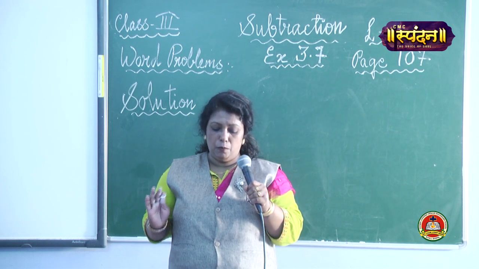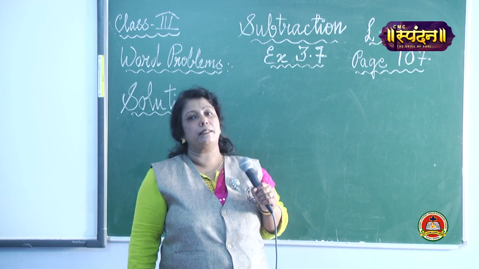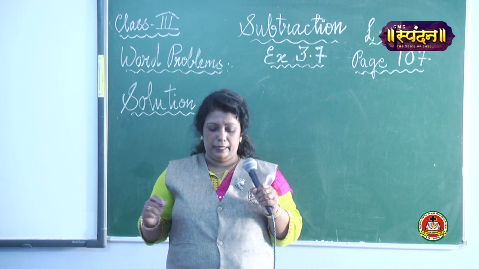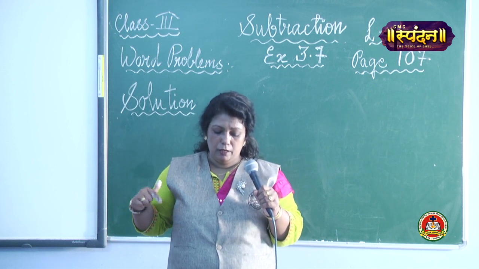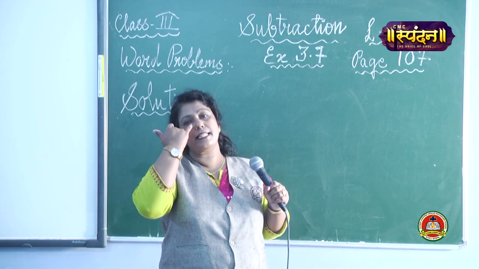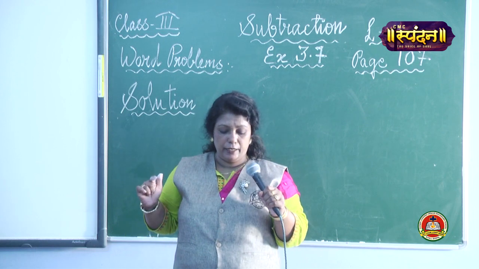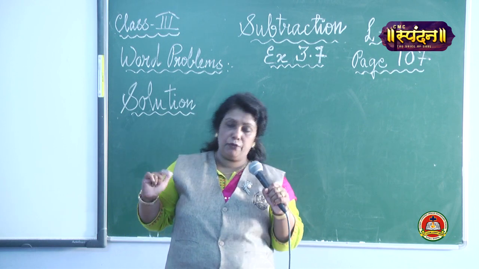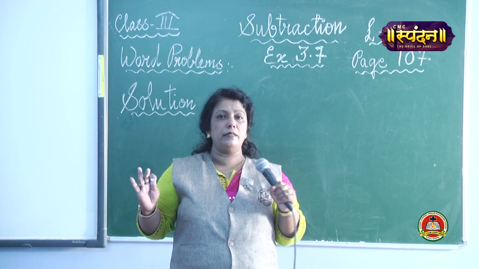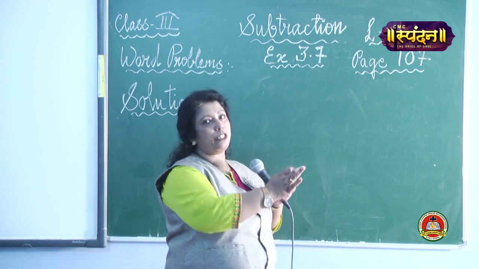How many more saplings were to be planted? I'll repeat. The students of a school planned for a tree planting event. उन्होंने प्लानिंग किया, let's do tree plantation. ठीक है? They targeted 2,500 saplings. उन्होंने सोचा, let's plant 2,500 saplings, हमको plant करना है.